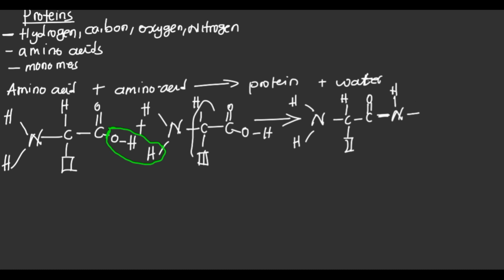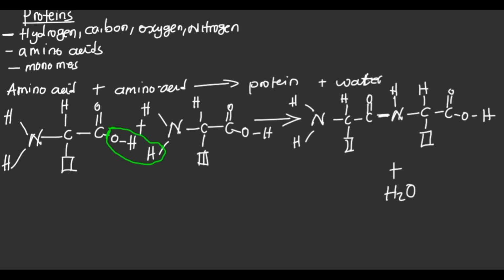Then we have this part, then the carboxylic functional group plus water. So this is how you can draw the structure of a protein from the two monomers of the amino acids.